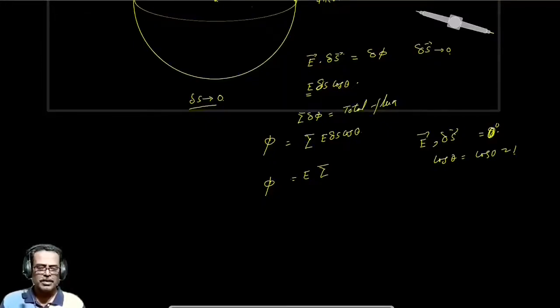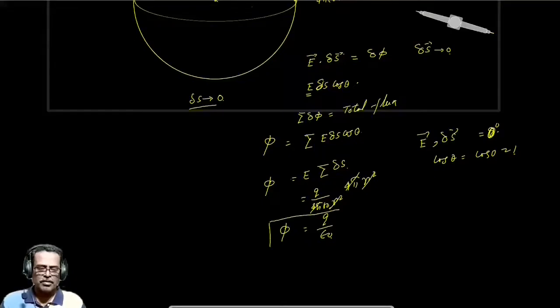So cos theta is equal to cos 0, which is 1. So E into sigma del S is equal to Q by 4 pi epsilon 0 R square times the surface integral of the sphere. If we add all the elementary surfaces on the sphere, that will give 4 pi R square. So if we cancel this, phi is equal to Q by epsilon 0.